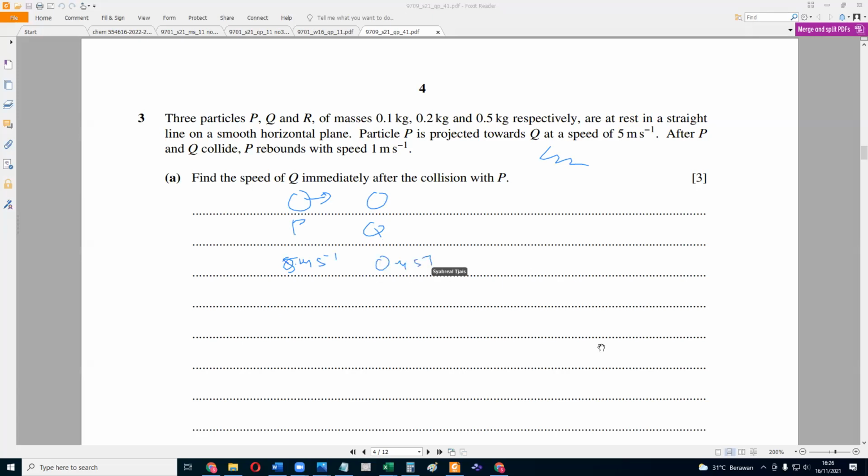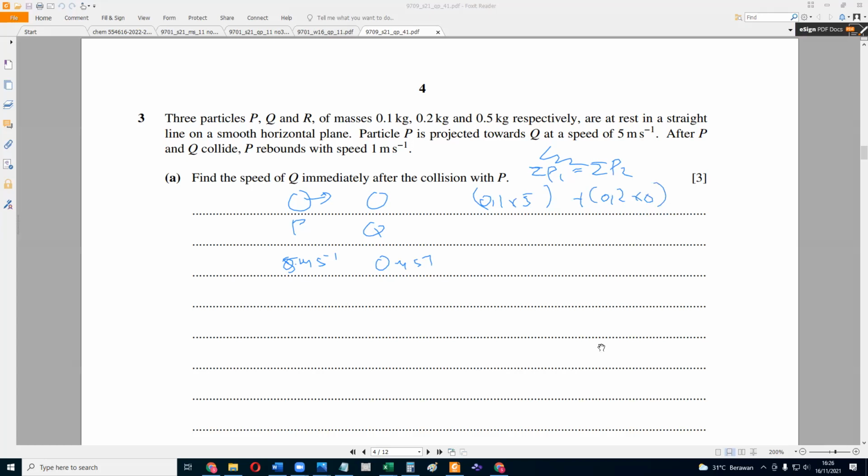Whenever we have two items colliding, we have momentum, right? So we are using the formula: sum of the momentum before is the same as the momentum after. Before, what's the momentum? The momentum is 0.1 times 5 for P plus 0.2 times 0 for Q.